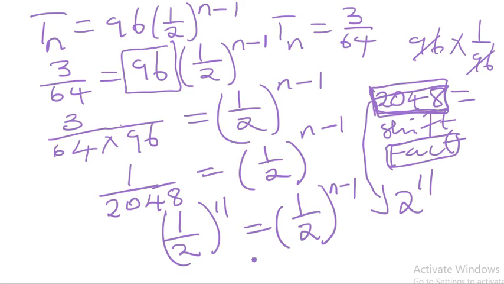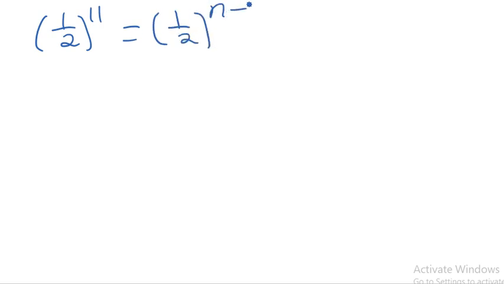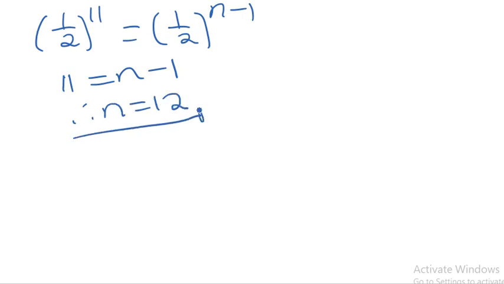What we have is 1 over 2 raised to the power of 11, and 1 over 2 raised to the power of n minus 1. So we equate the exponents: 11 is equal to n minus 1. Therefore, n is equal to 12.